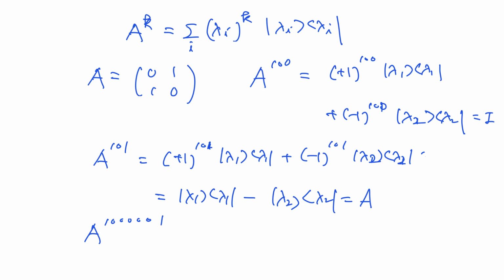Times 24 is close to 100,000. So if you keep multiplying, it's simply 2 by 2 matrix 1 million times, it will take 100 days. Right? If you do not know the spectral theorem, then you have to spend 100 days to simply multiply a million times. But since you know the spectral theorem now, you know the answer immediately, which is simply A.